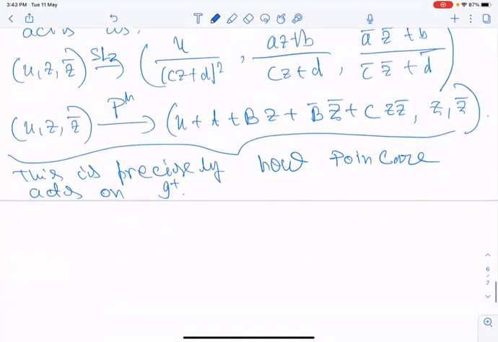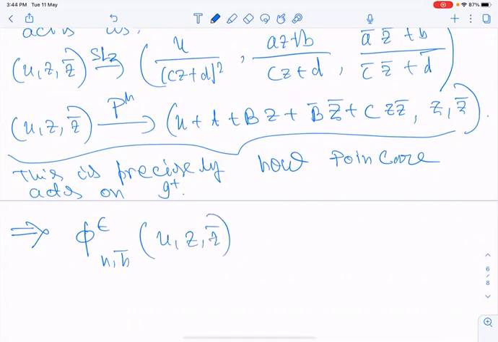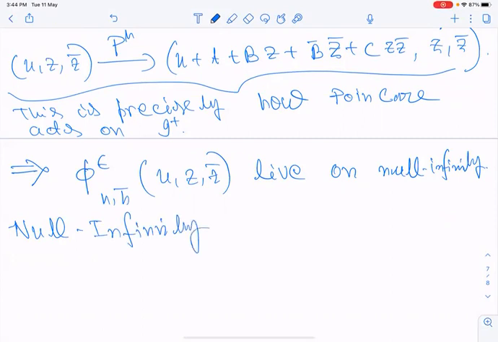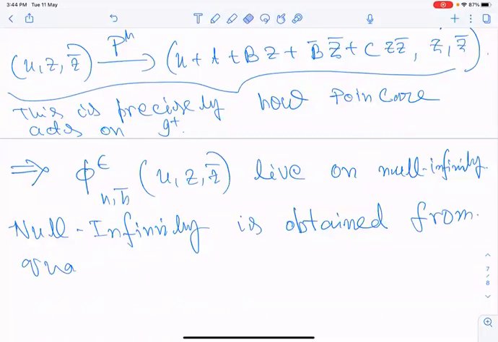So this means that these three-dimensional fields live on null infinity. And in this sense, the important point is that this null infinity is obtained from relativistic quantum mechanics, basically.